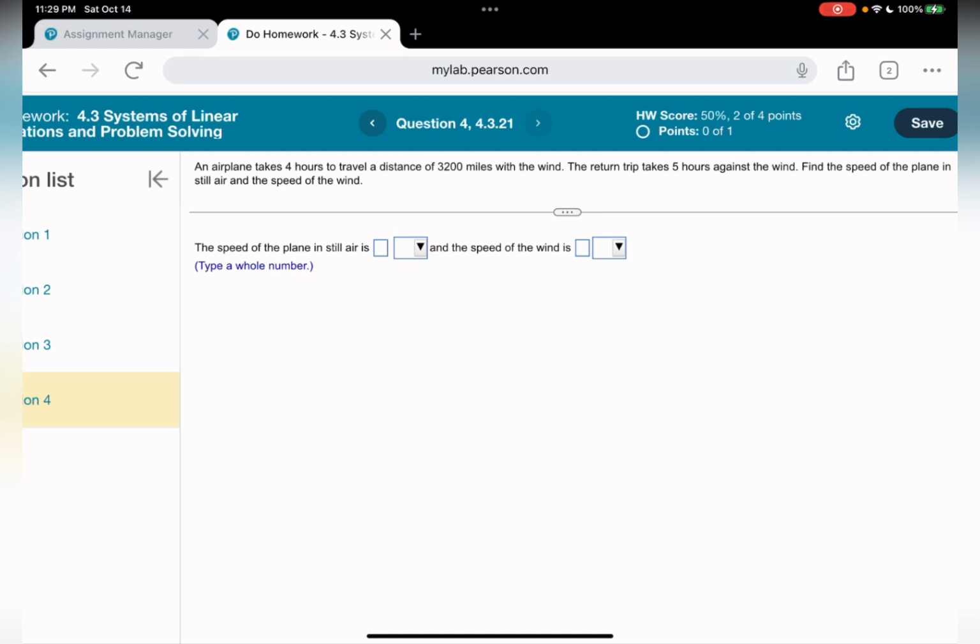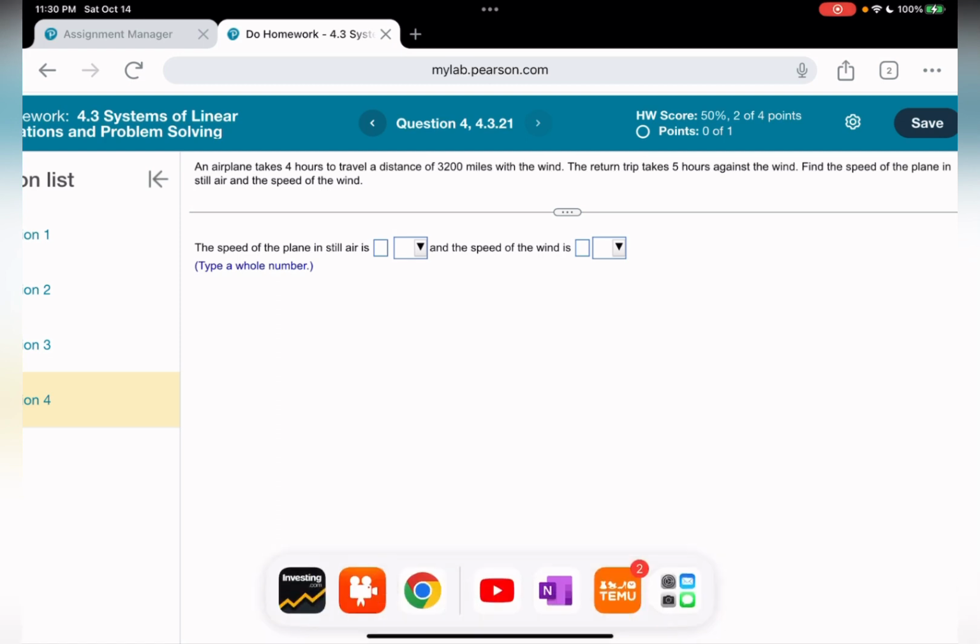The return trip takes 5 hours against the wind. Find the speed of the plane in still air and the speed of the wind. Okay, so let's solve this problem.